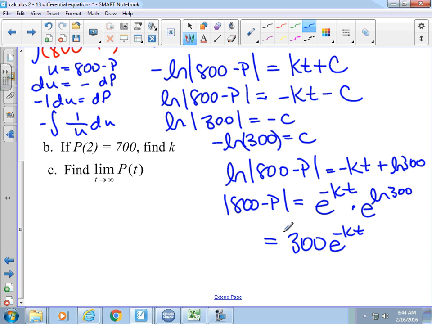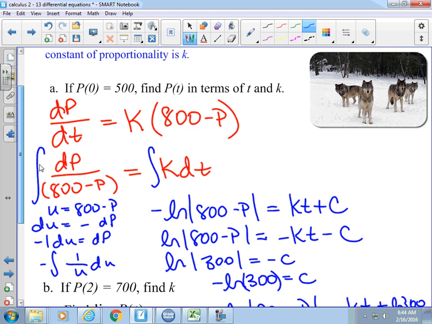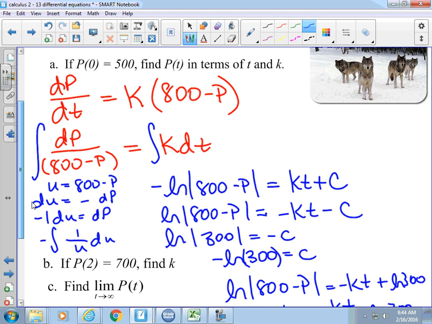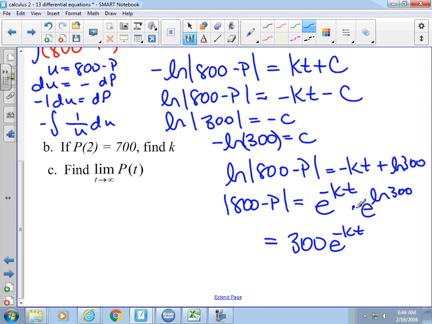I do need to decide if that's plus or minus so that I can get rid of these absolute values. So I'm going to go up to my initial condition quickly. If I plug in 0, I get positive 500. So if I plug 0 in here, what's anything to the 0 power? 1. I get positive 500, correct?